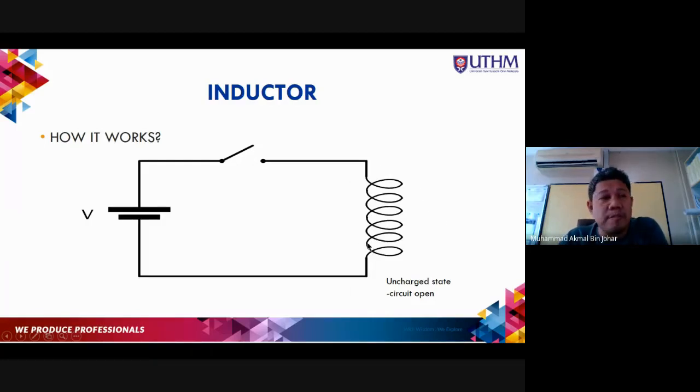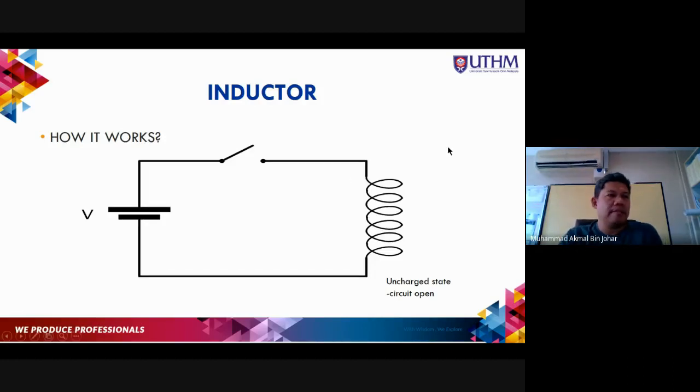In this situation, since the circuit is not complete, no current will flow across the circuit. This is what we call the uncharged state, where the circuit is open, there is no current flow, and no magnetic field is produced by the solenoid or inductor.